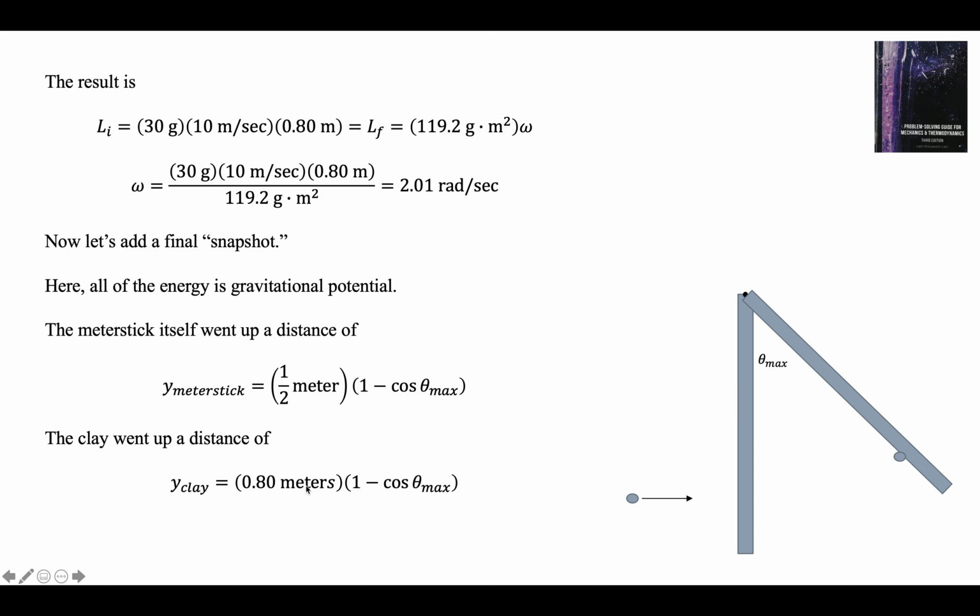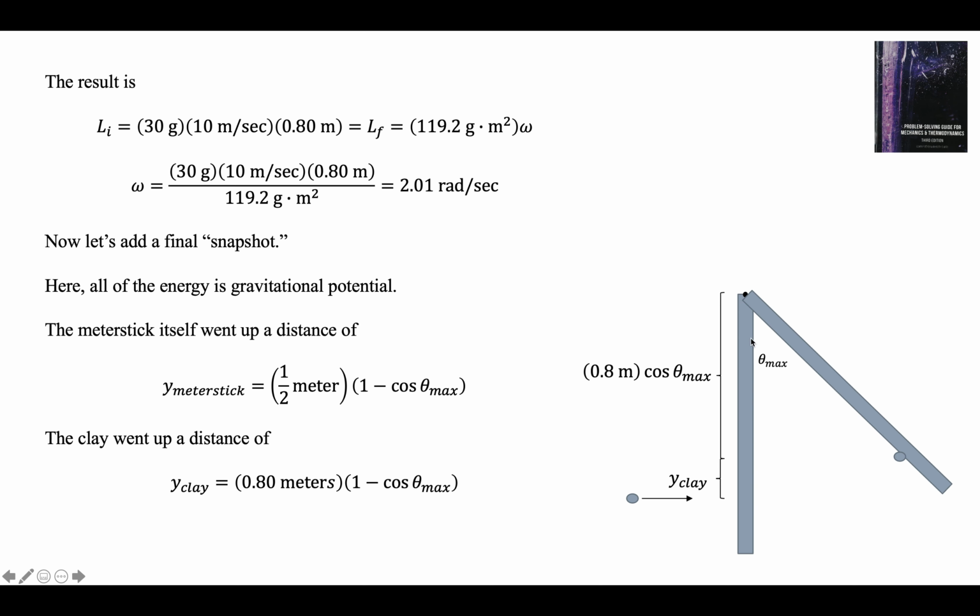To see where this comes from, I put some distances on here. That's the change in height of the clay. The clay went up this much. Started at this level, went up to that level. This is 0.8 meters. That's where the clay is. That's the hypotenuse. This is 0.8 meters cosine theta max. So the whole thing, when it's straight up, is 0.8 meters.